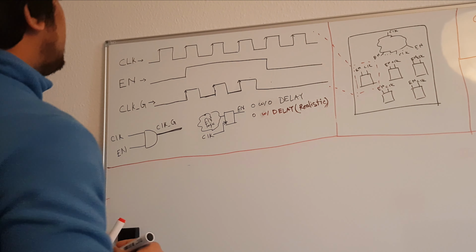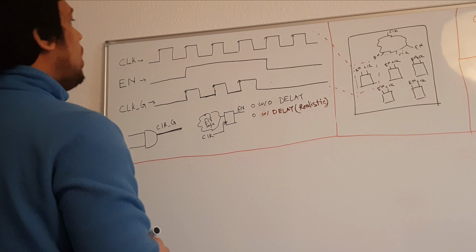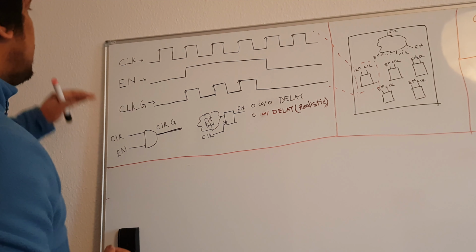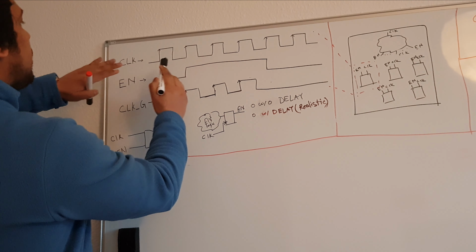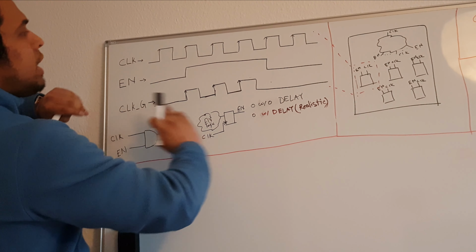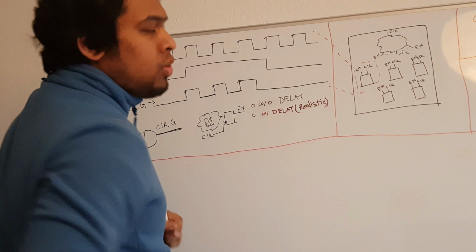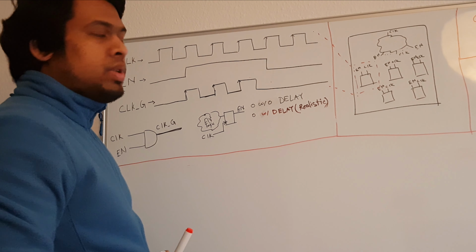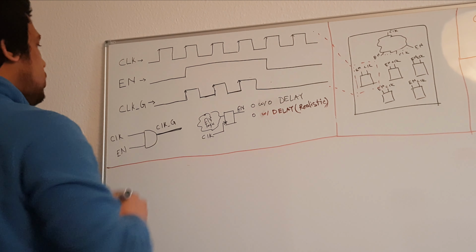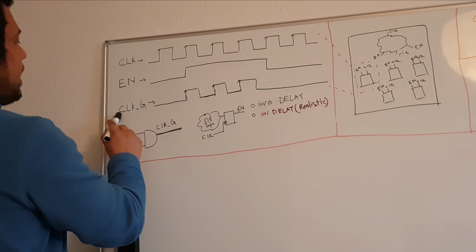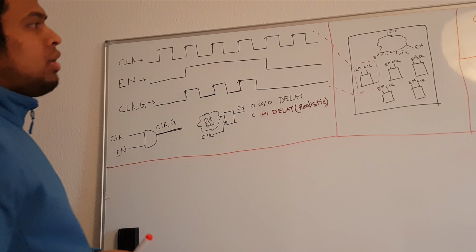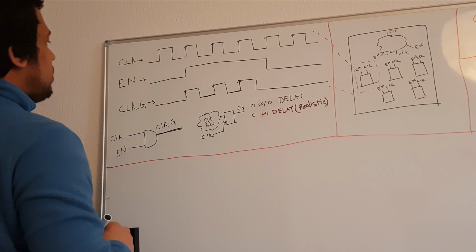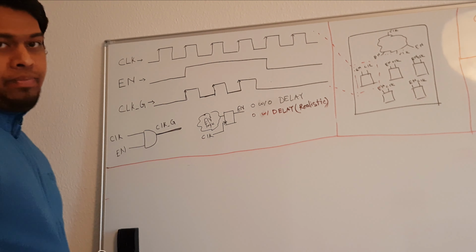So in this submodule we are only using this part of the clock. Before the enable signal goes high and after it goes low, we are not using the clock. So we can make another clock inside this submodule which will only be activated when this enable signal is high.